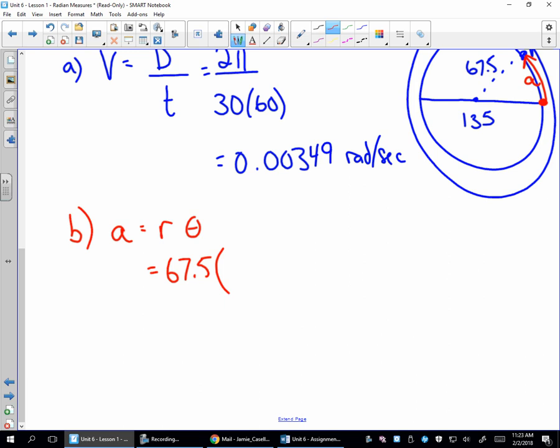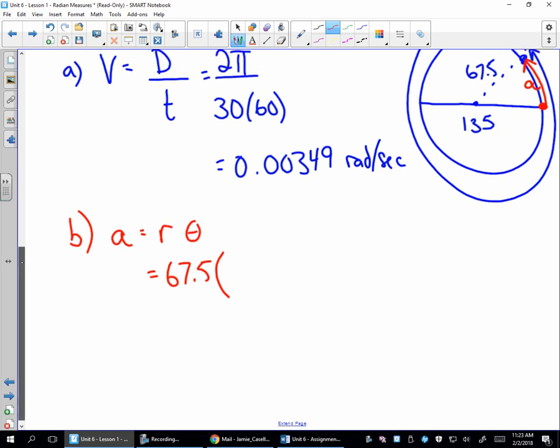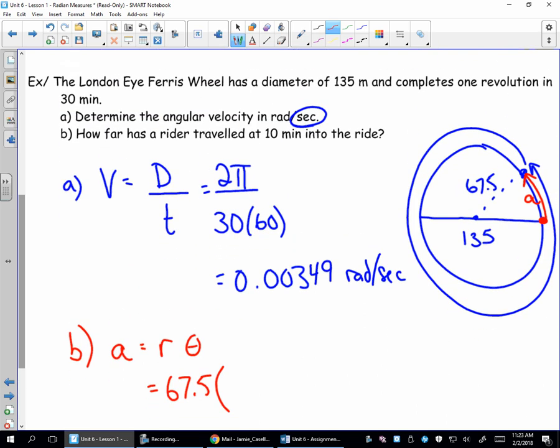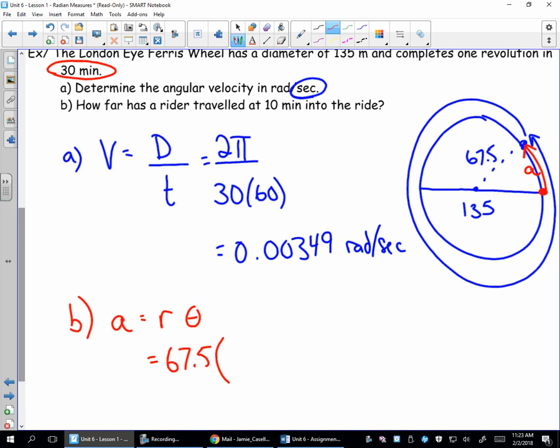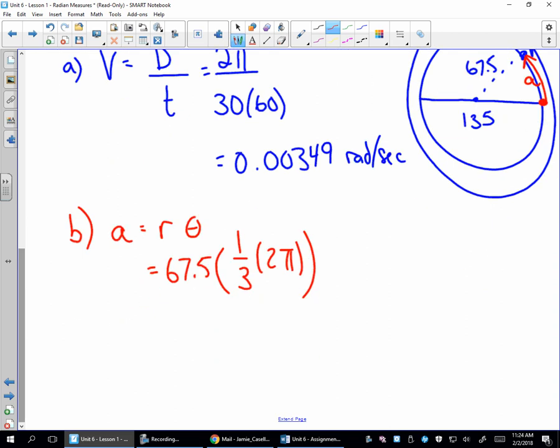How far would that be? Well, 10 minutes is not a whole revolution because it takes 30 minutes to do a whole revolution. It's 1/3 of a revolution. How much is a revolution? That's 2 pi. So if I plug that all in together, what do I get?